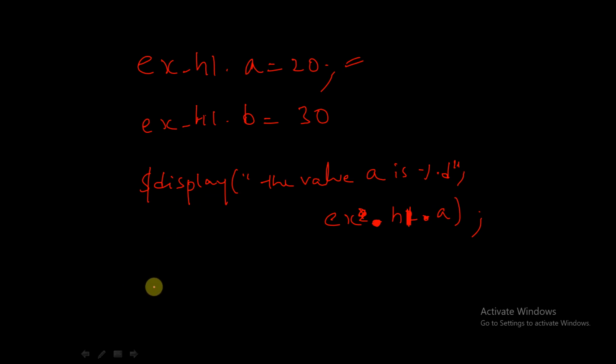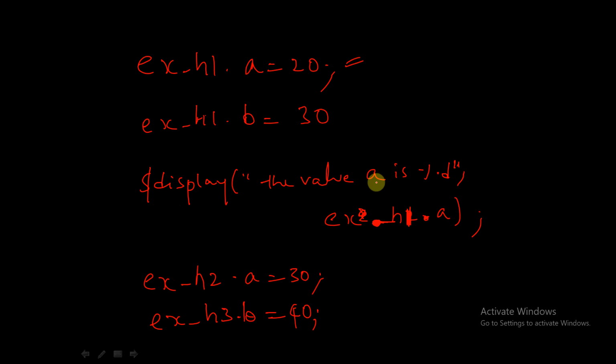Now what if we write ex_h2.a is equal to 30 and ex_h2.b is equal to 40, and if we try to display with the same statement, $display the value of a is %d, comma ex_h2.b?